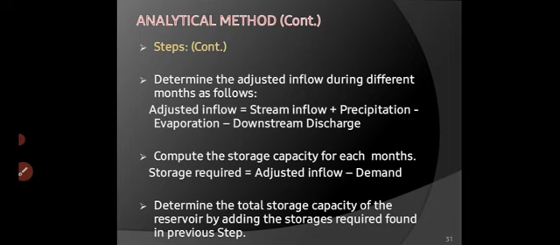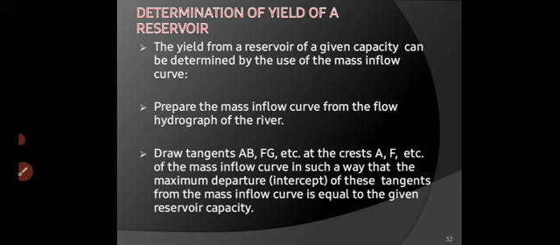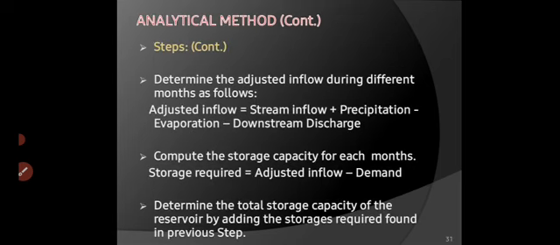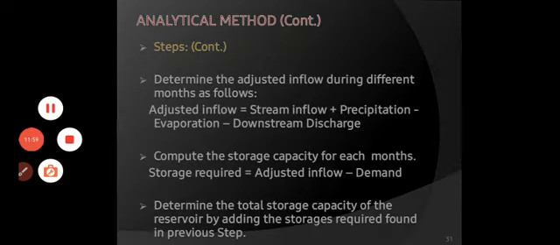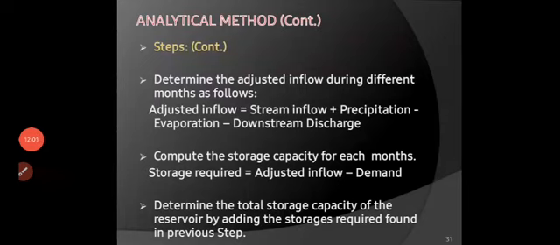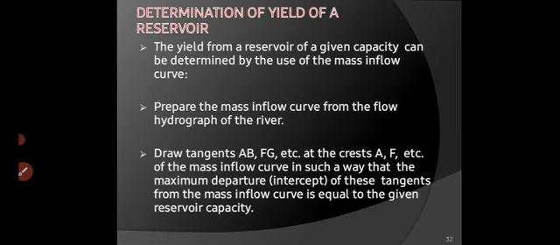So it is the same as the continuity equation, or we can say water budget equation, that inflow is equal to stream flow plus precipitation minus evaporation minus downstream discharge, right? So this is how we can find out the reservoir capacity with the help of these two methods.